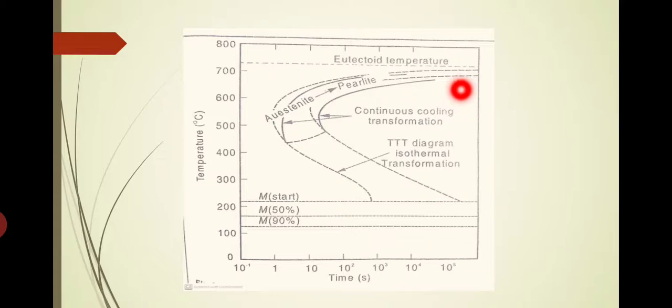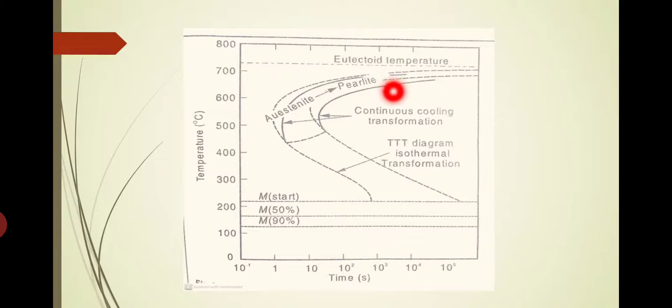Why 700 degrees Celsius? The eutectoid temperature is 727 degrees Celsius. So at and above 727 degrees Celsius, steel will be in the stable state of austenite. From there the transformation starts. Below 727 degrees Celsius, austenite cannot be in a stable state, so it will transform to either pearlite, bainite, martensite, etc. Those are the different structures possible.